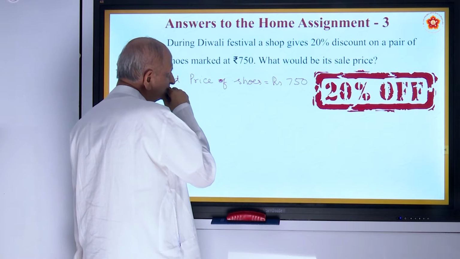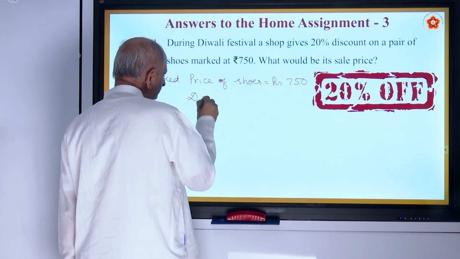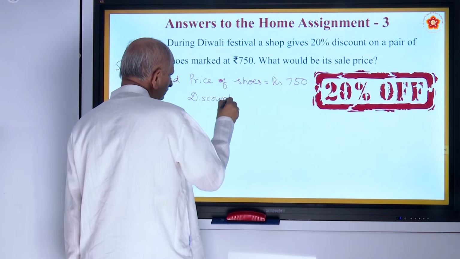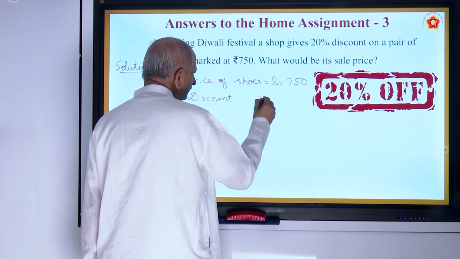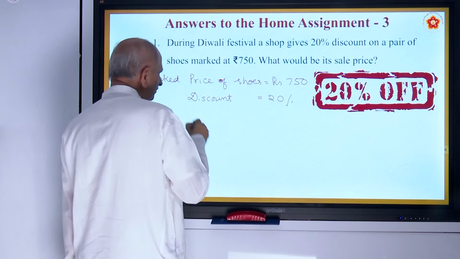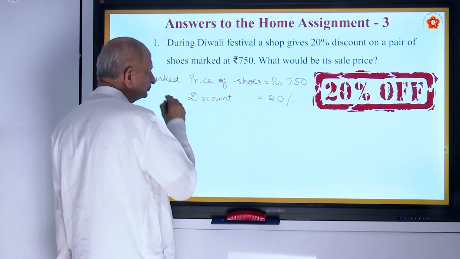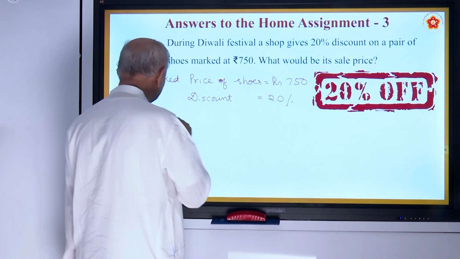That is a discount given, 20%. So this is the market price, and sale price they are asking.